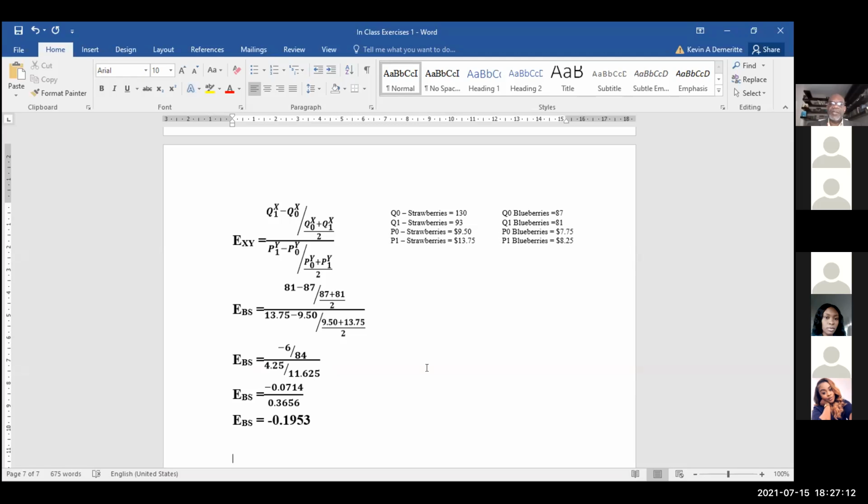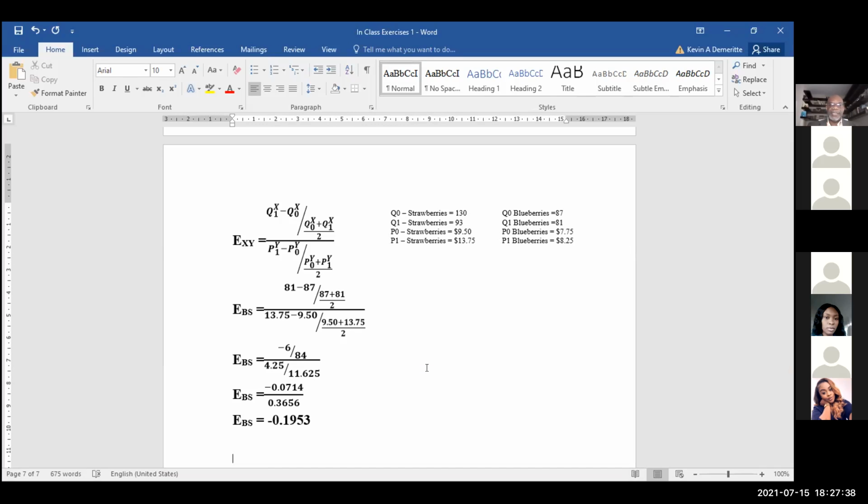Did we divide by 2? Yeah, that's how you get the 84. You add 87 plus 81, that gives you 168, and then you take 168 and divide it by 2. And you do the same thing for your denominator as well.